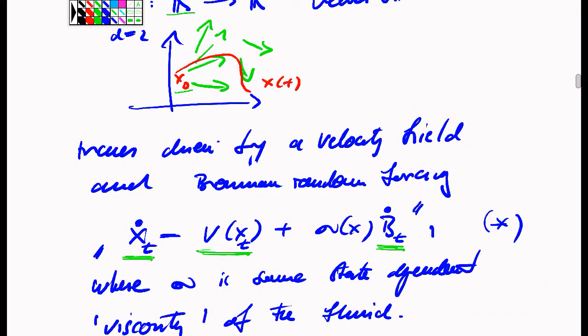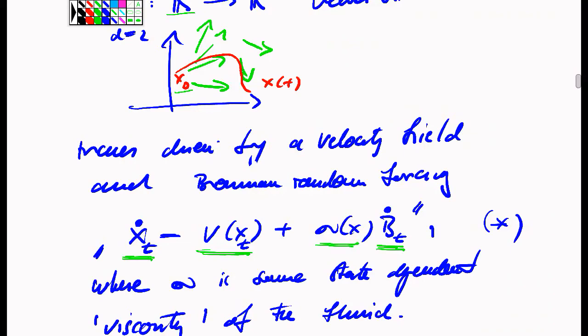And then, in order to have a little more flexibility in the model, we could also think of a certain function or matrix sigma of x, which is space dependent, some sort of viscosity description of the fluid, which tells us how much of this random push by the surrounding molecules is actually translated to the motion of the tracer.